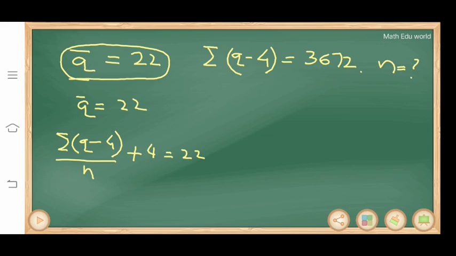So this is the formula for the arithmetic mean of coded data, sigma x minus a by n plus a. And we know that sigma q minus 4 is 3672.